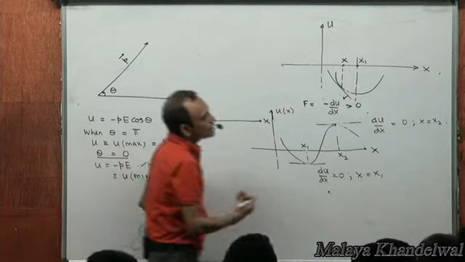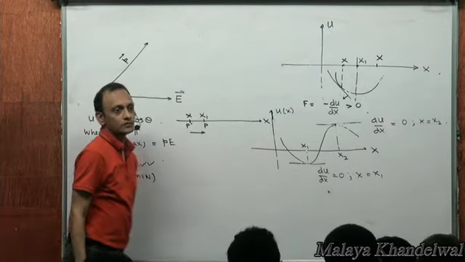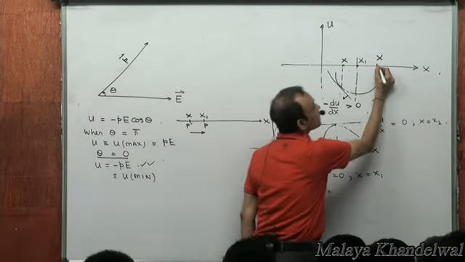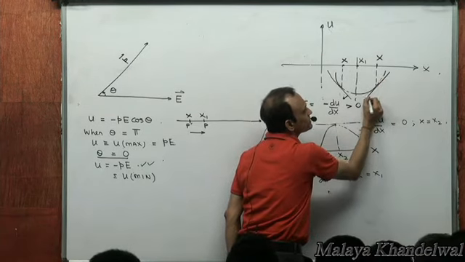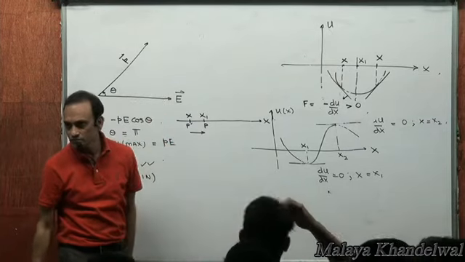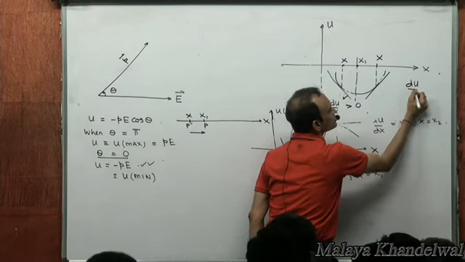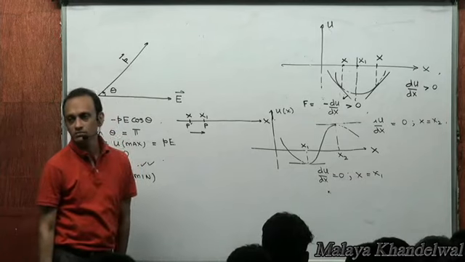Again, displace the particle slightly to the right of x1. At this x, du/dx would be the slope of that tangent. Do you see in this case du/dx is positive? The tangent makes an acute angle with the positive direction of the x-axis.